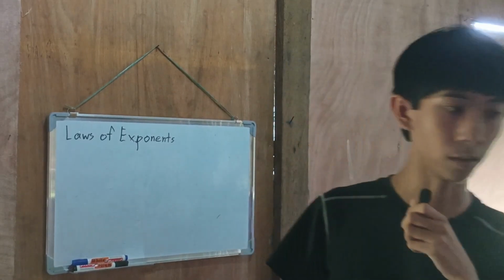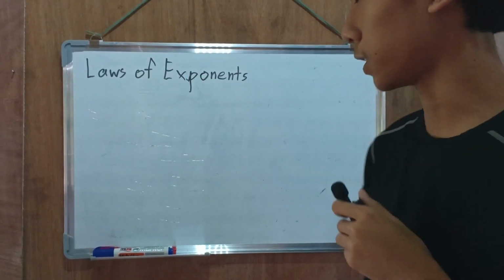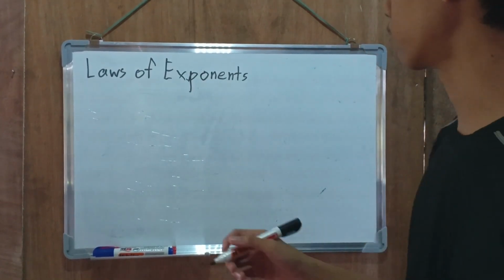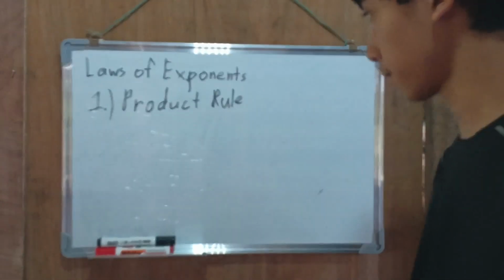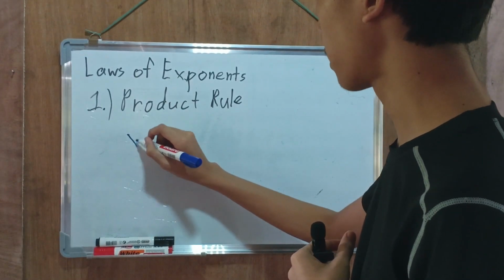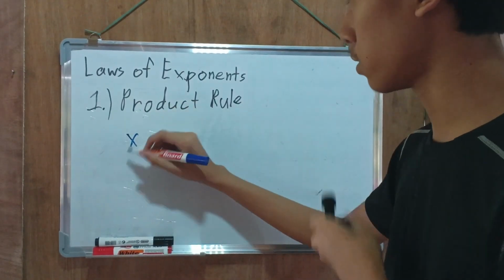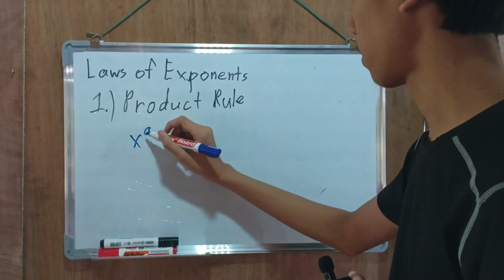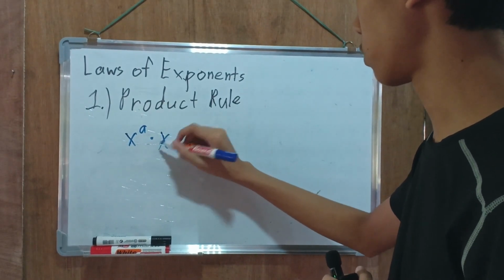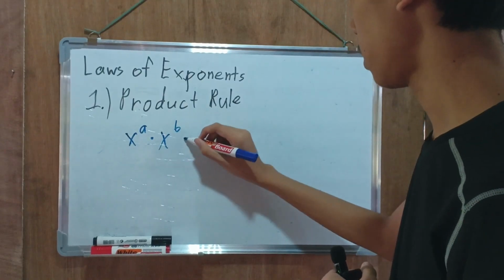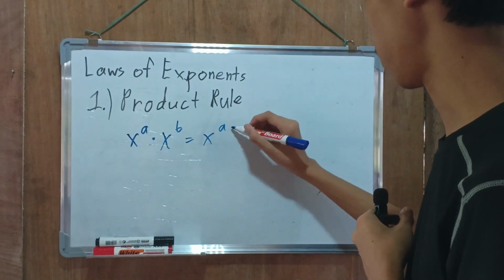Let's talk about the first rule, which is the product rule. The rule states that x raised to a times x raised to b equals x raised to a plus b.